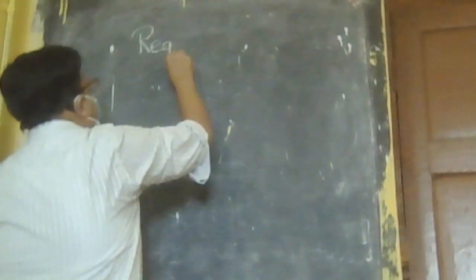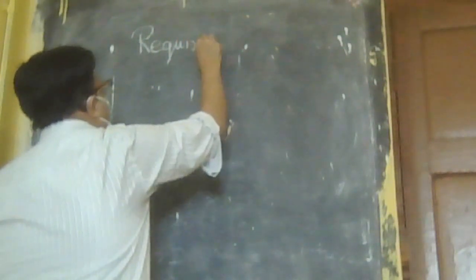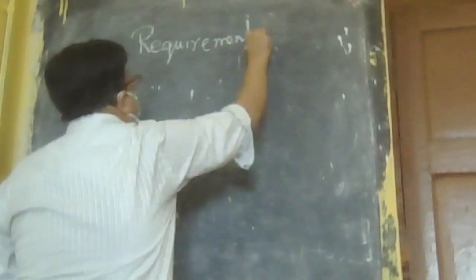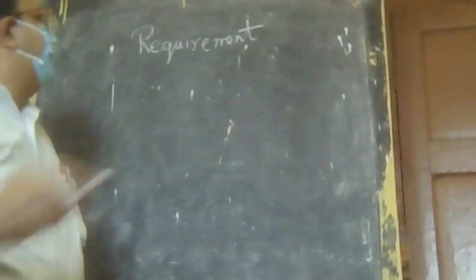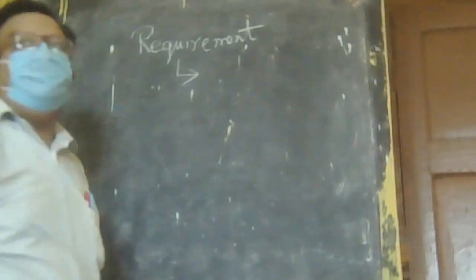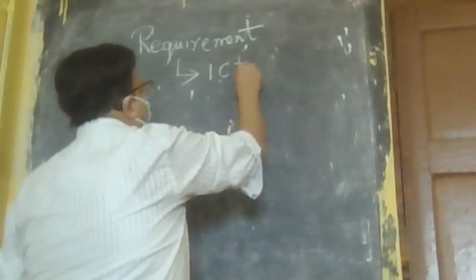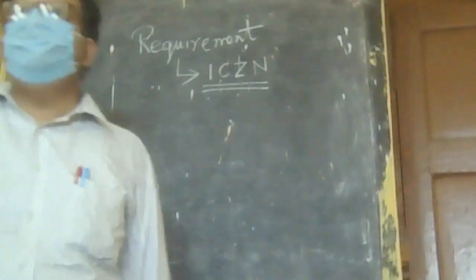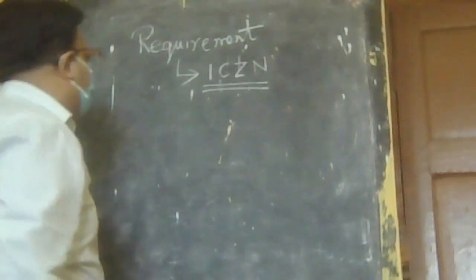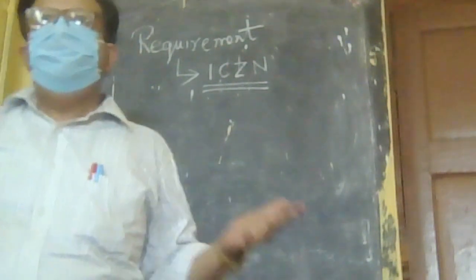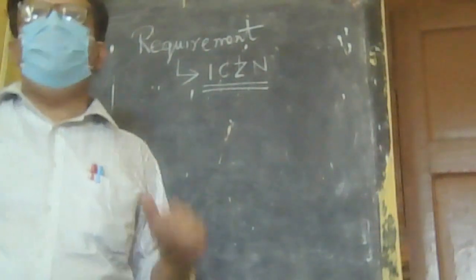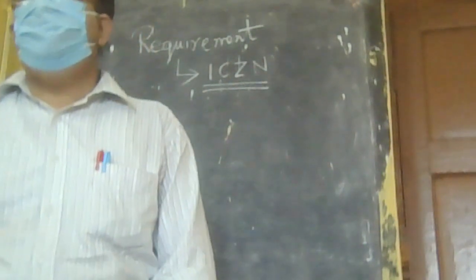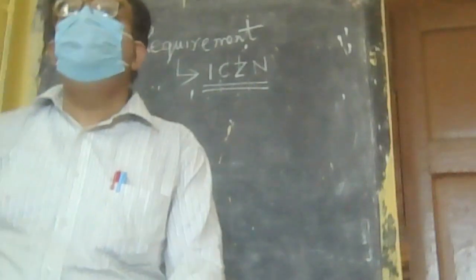So first, the requirement of this particular ICZN. Why do we have such a requirement? We have a requirement because a person from India calls the dog Kutta. Somebody from Germany calls it Hund.